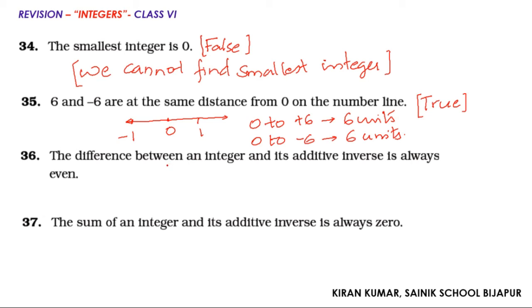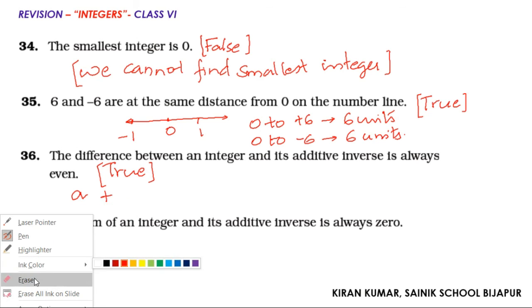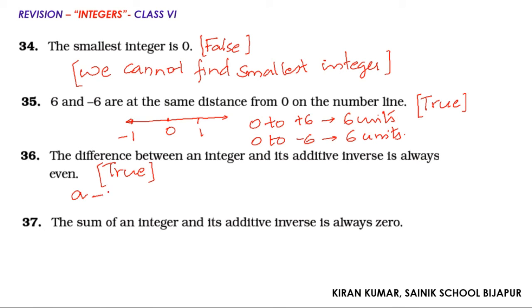Statement number 36. The difference between an integer and its additive inverse is even. This statement is a true statement. I will generalize that. I'll consider a to be an integer and I will subtract its additive inverse.